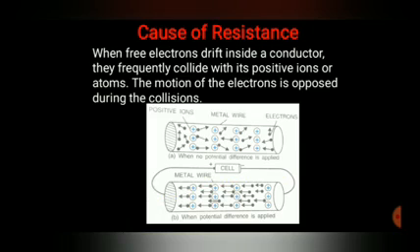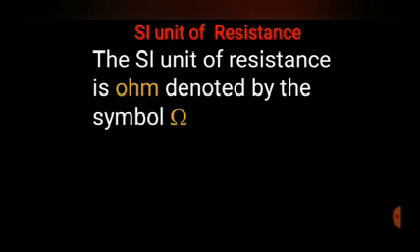When free electrons drift inside the conductor, they frequently collide with its positive ions or atoms. The motion of the electrons is opposed during these collisions. SI unit of resistance is ohm and it is denoted by the Greek letter omega.